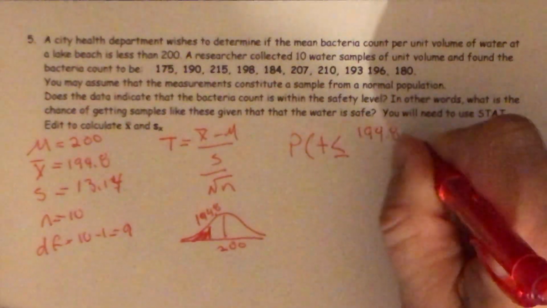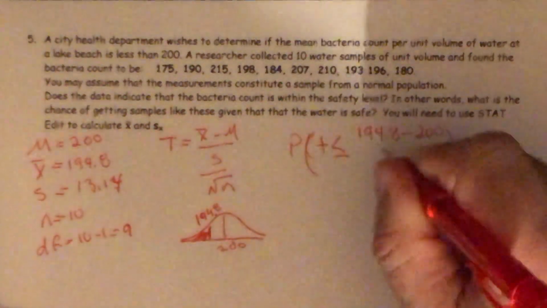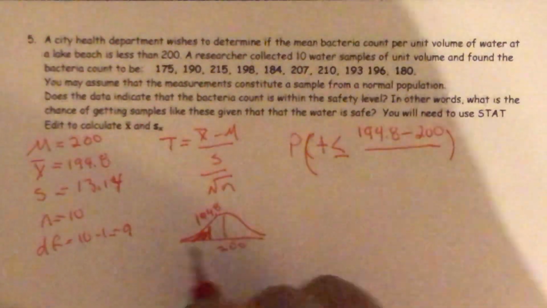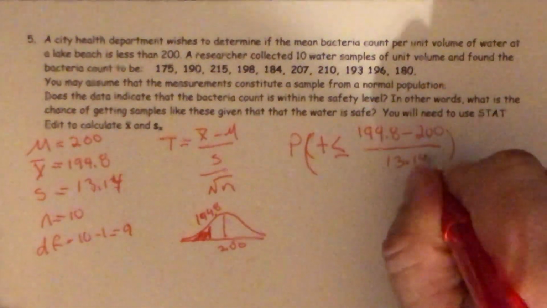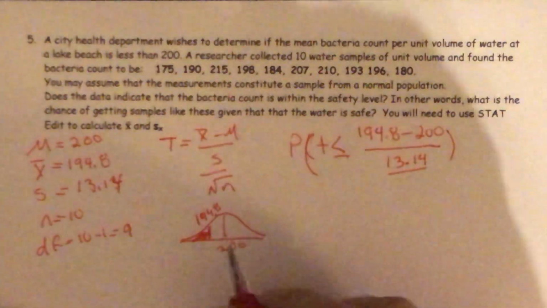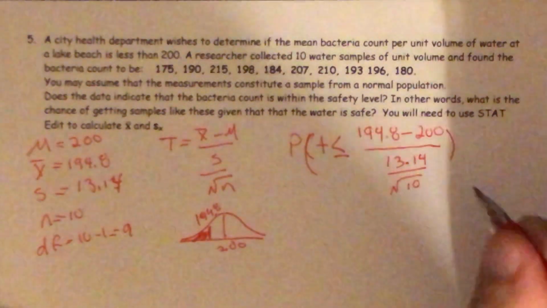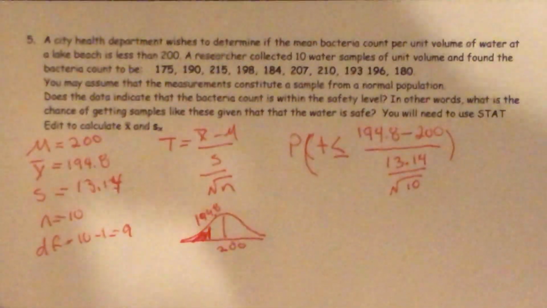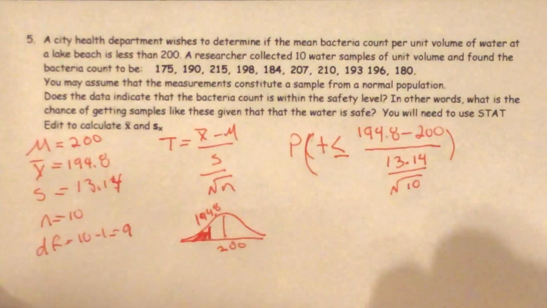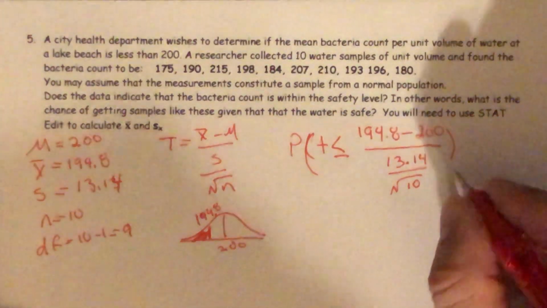194.8 minus 200 over our standard deviation of 13.14 divided by the square root of our sample size, which happens to be 10. Now, when we go through the math, we end up calculating a fairly large t-statistic.